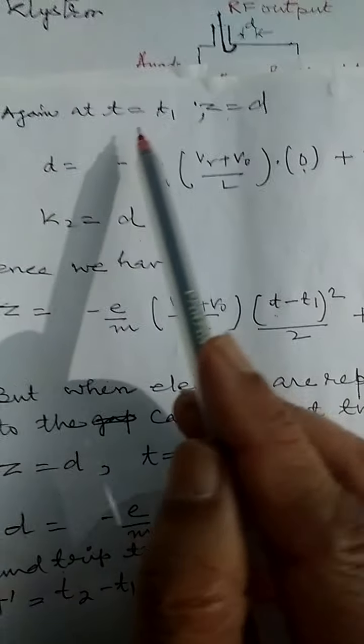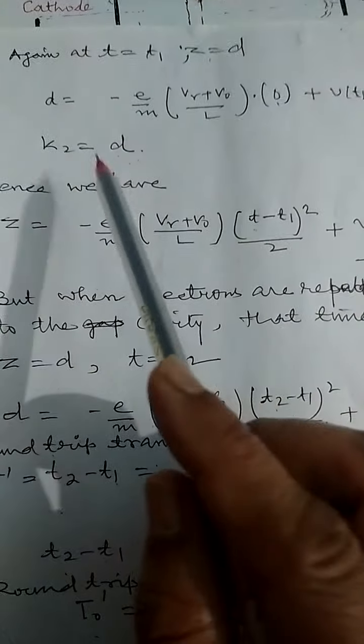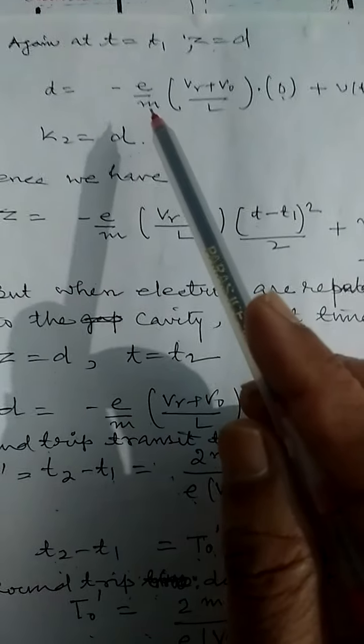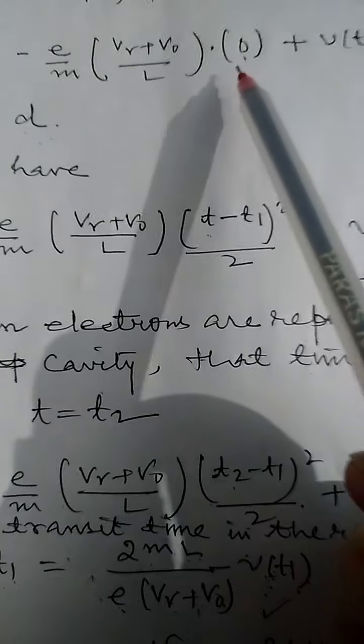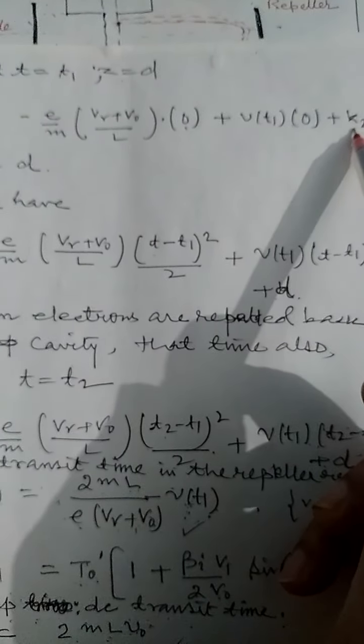For the calculation, we are again placing the condition that at t is equal to t1, z was equal to d, with reference to the first grid. At t is equal to t1, the square term will become 0, the v of t1 term will become 0, and k2 will remain there.